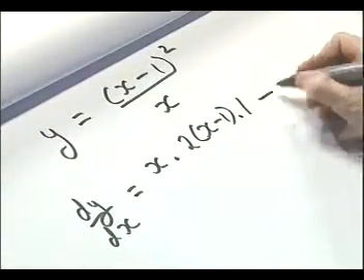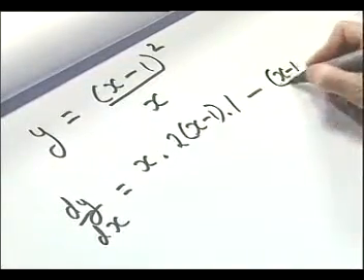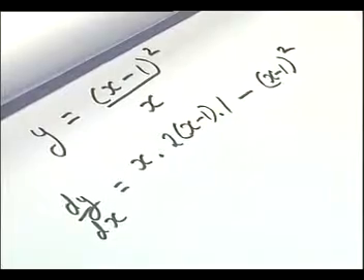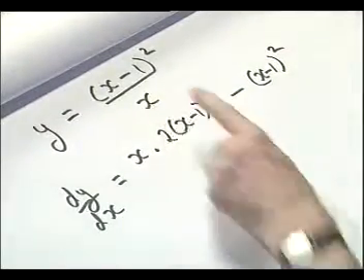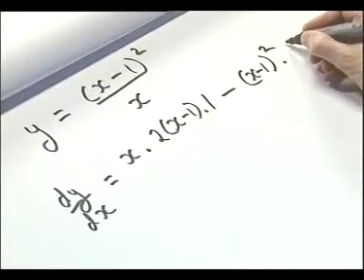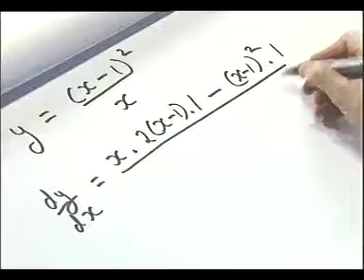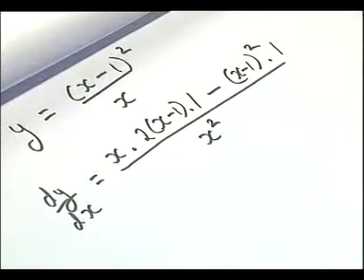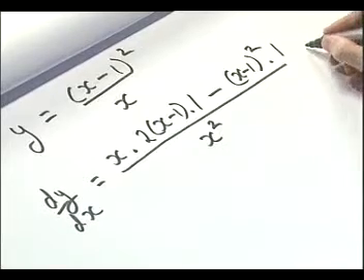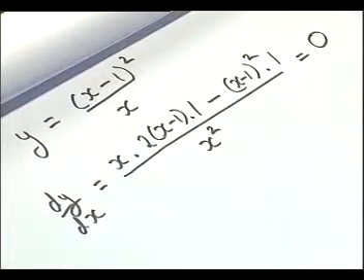And then minus, and we take u, x minus 1 all squared, and we multiply it by the derivative of v, what's on the bottom. And that's the derivative of x, so that's just 1, and then it's all over x squared. And for our stationary points, we put this equal to 0.